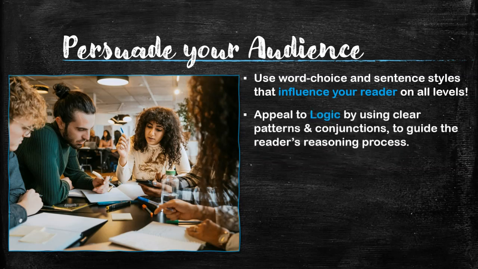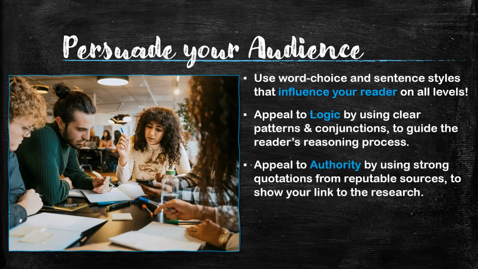One of those levels is logic and reasoning. And we already know that you can appeal to the sense of logic and reasoning by using clear patterns, clear conjunctions to guide the reader's thinking and reasoning process. Lead them step by step through your ideas and your conclusions.